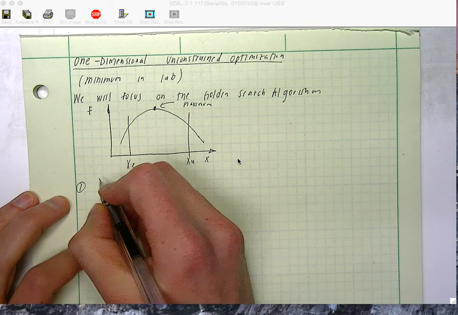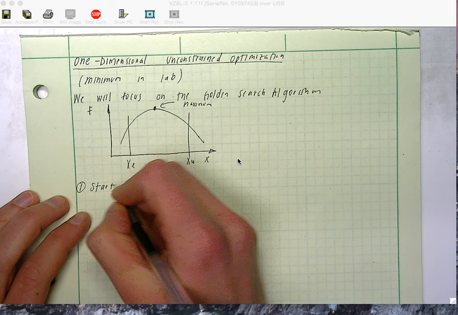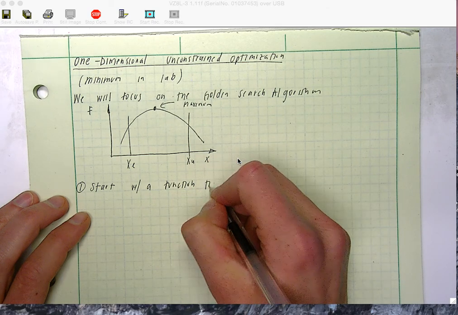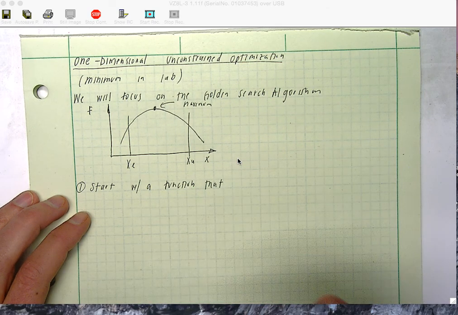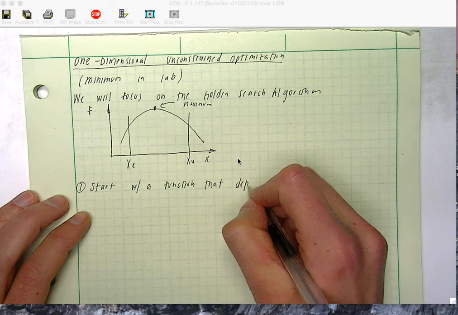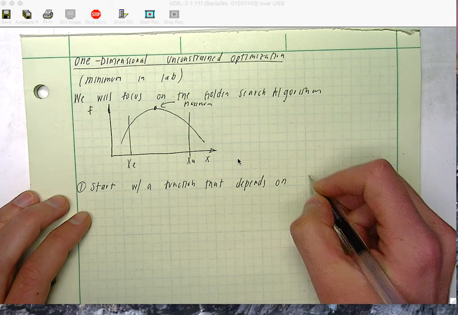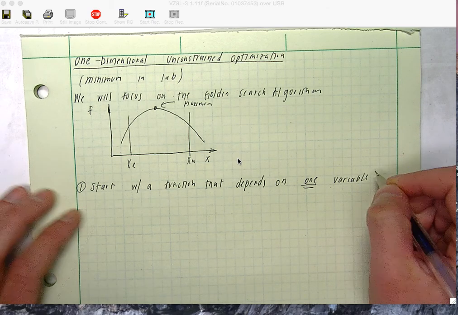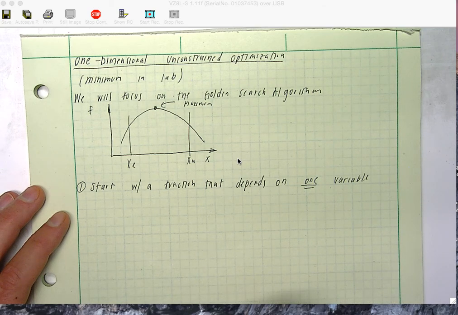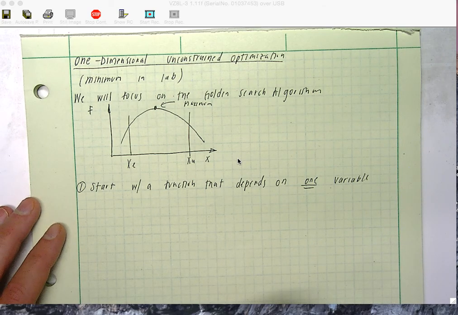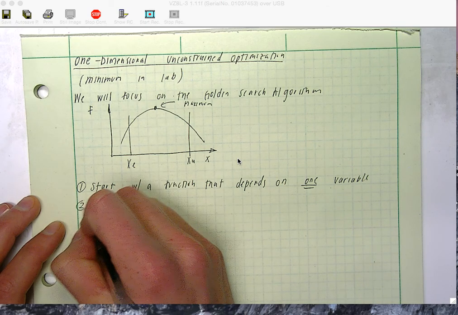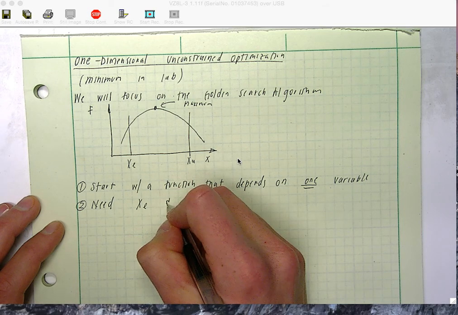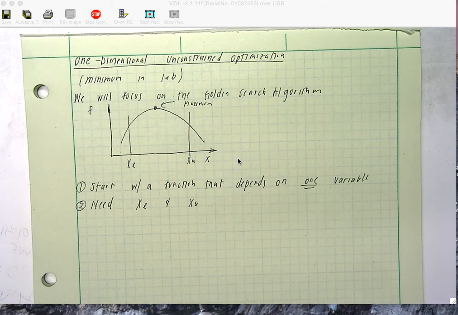So to start this algorithm, you have to have a set of data or a function that depends on one variable. And then to start off the algorithm, you need those two bracketing points.